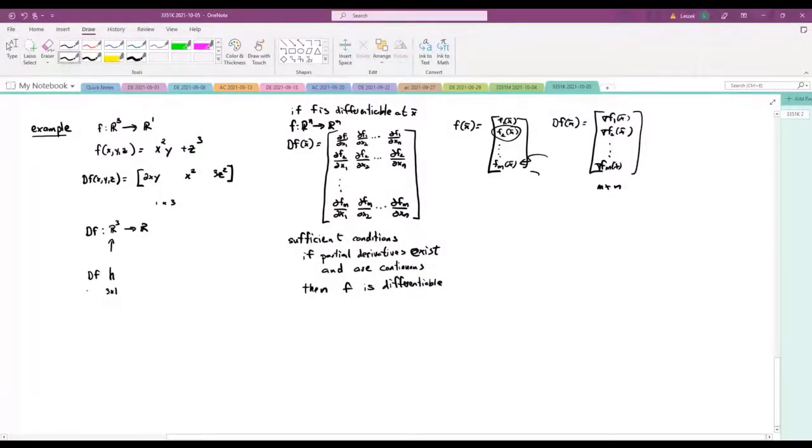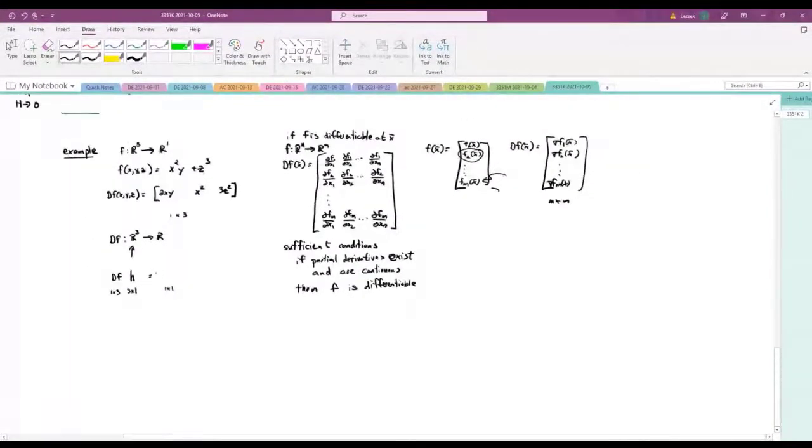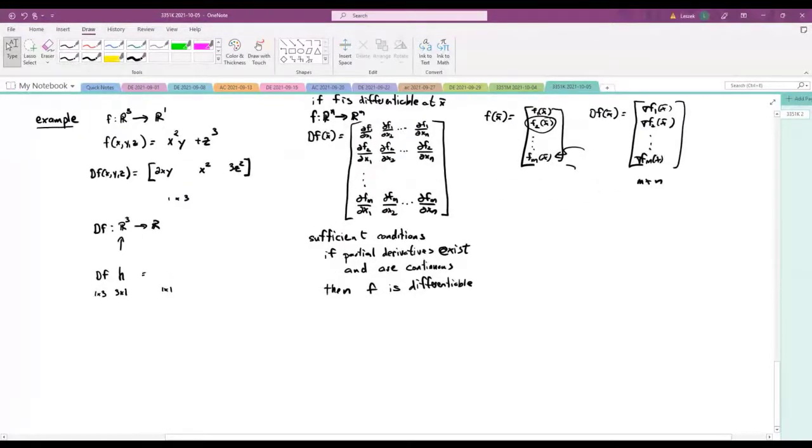And Df, our candidate at least, is 1 by 3, so that we get a number. So a 1 by 1 thing, right? Just a number. So you can think of Df as matrix multiplication: multiply a 1 by 3 matrix with a 3 by 1 matrix, you get a 1 by 1 matrix, i.e. a number. We can also think of it as a dot product if you want to think of these as gradients.